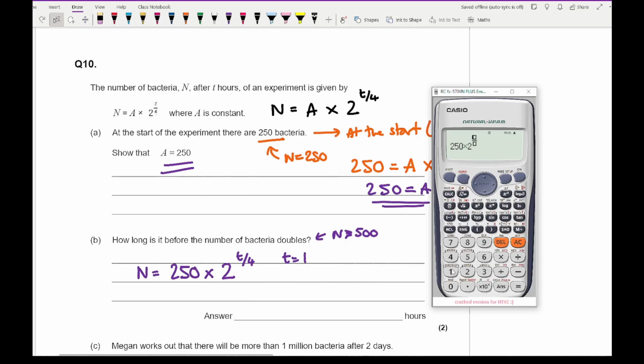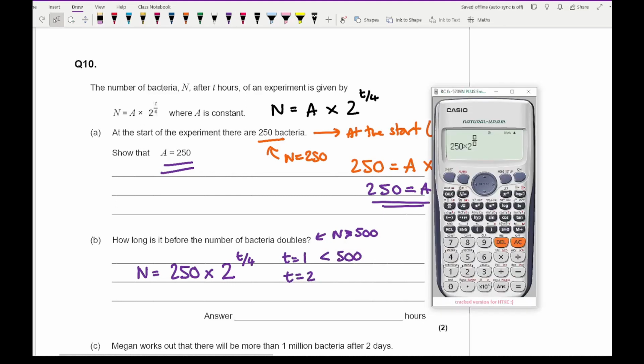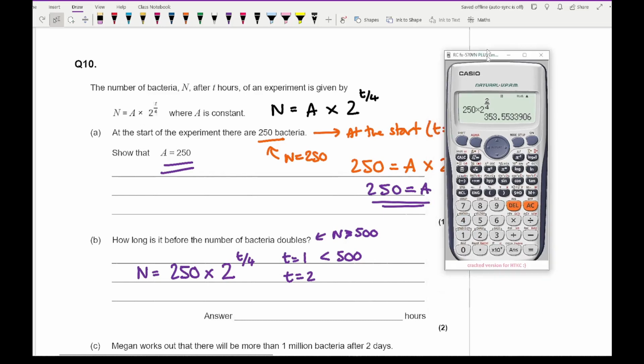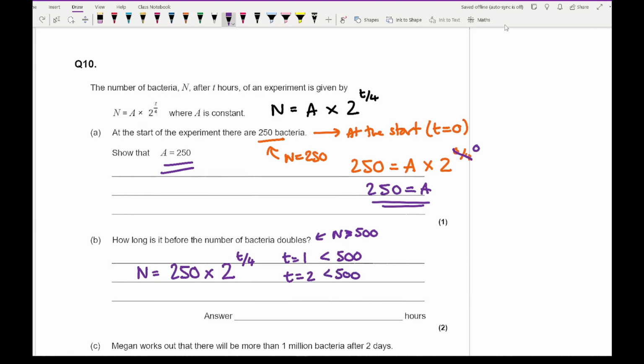So I can actually write it like this. Let's now try 2. So for 1 it's less than 500. When T equals 2, 2 over 4 gives me 353, so that's still less than 500. Let's try T equals 3.